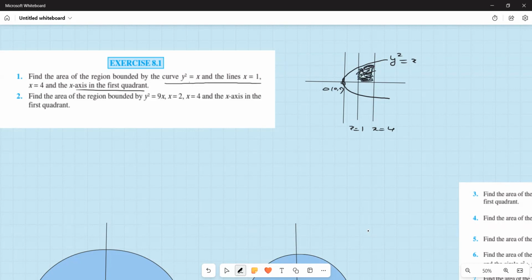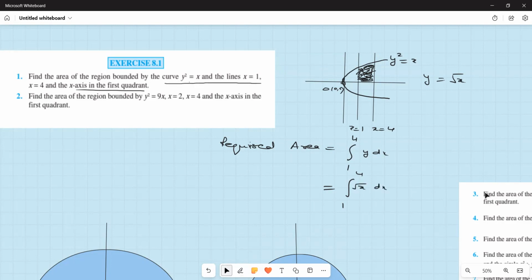So that will be required area is equal to integral 1 to 4 y dx. So this is 1 to 4. Y from here is square root x. The square root x dx.